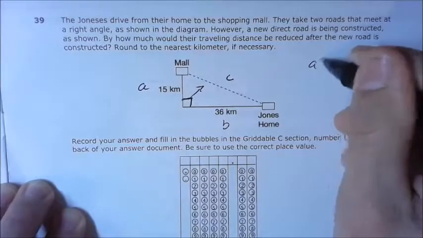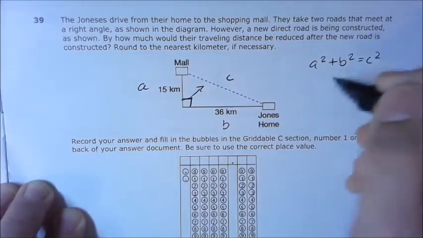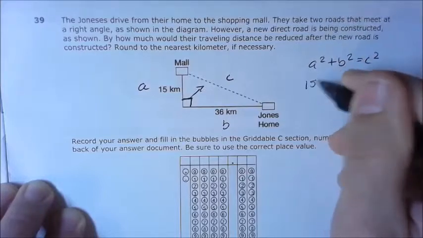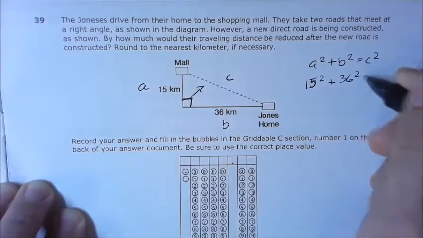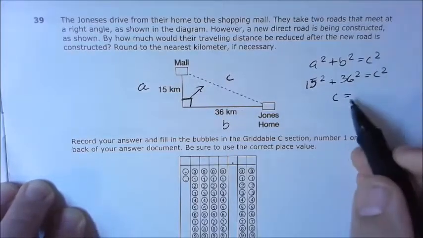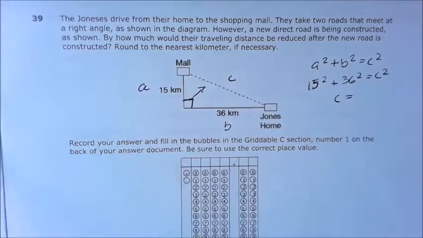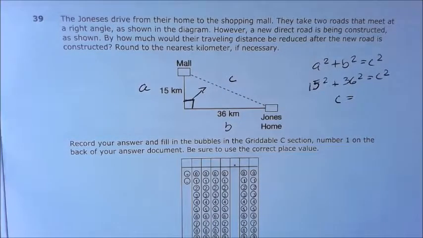So we're going to have A squared plus B squared equals C squared. And our A squared is going to be 15 squared plus 36 squared is equal to C squared. And at this point, you could do this on your own, you could just do it in pieces, but I would just use numerical solve. So let's go over to our calculator.